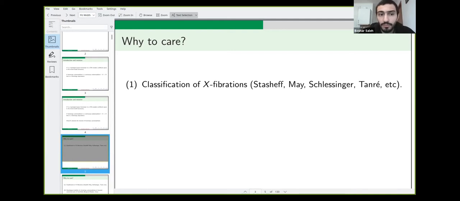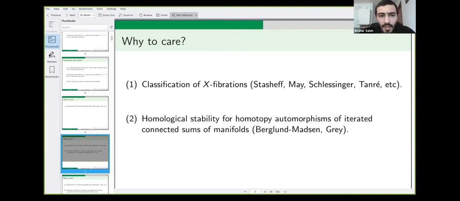So this is the first part of my talk. I will be talking quite generally. And then I will talk about more recent results by Berglund and Madsen.